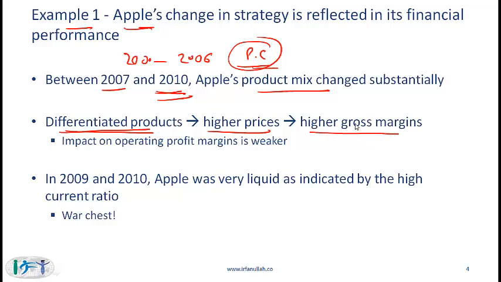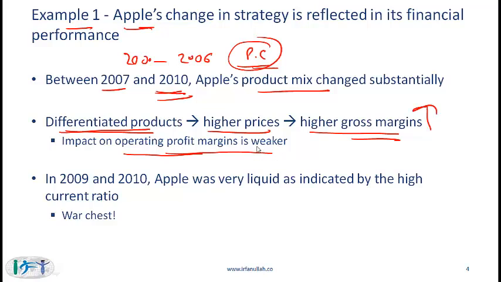If we look at Apple's gross margins between 2007 and 2010, as the strategy was being implemented, the gross margins are actually becoming better. So that again reflects the fact that the financial numbers do point out that the strategy was working. The impact on operating profit margins is weaker.